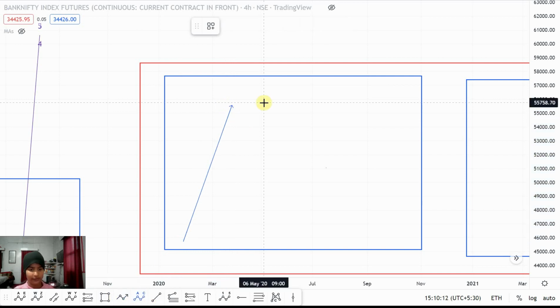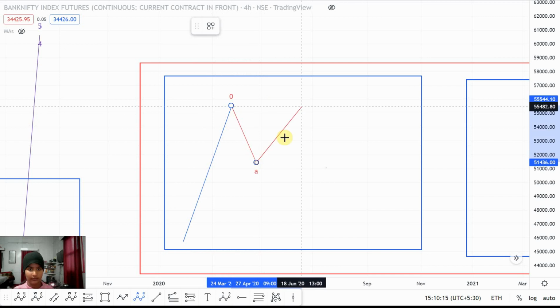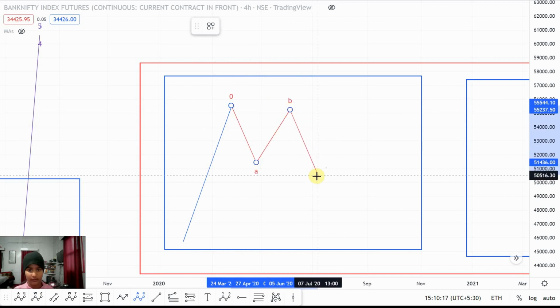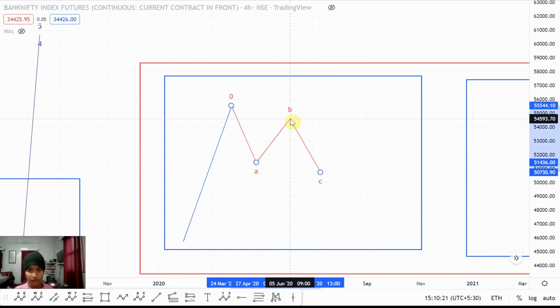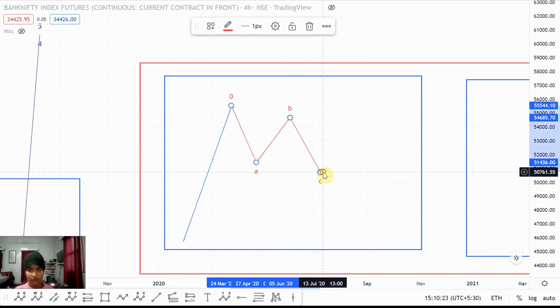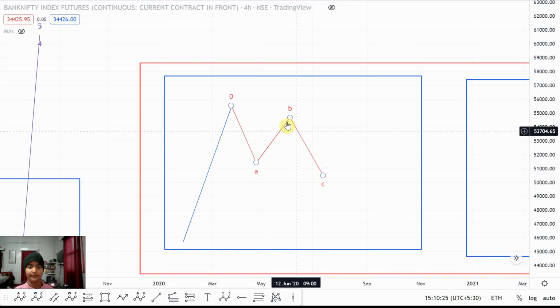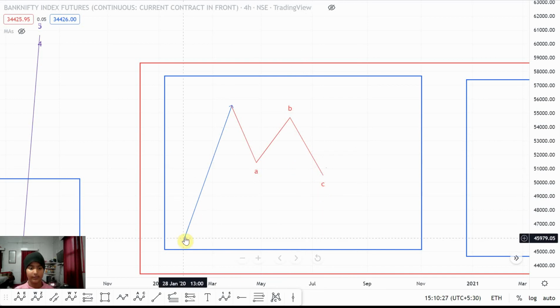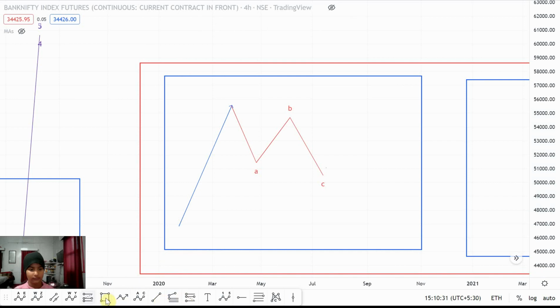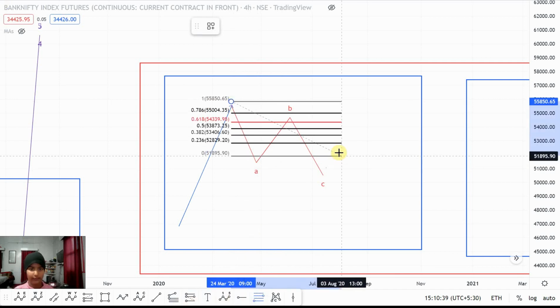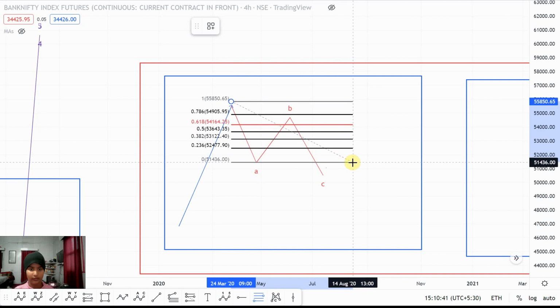For this first one, I'll mark it like this, A, B and C zigzag, and we'll put our fib right here.